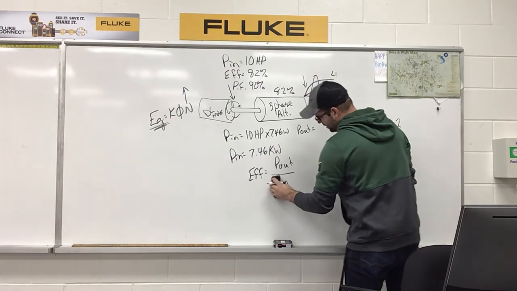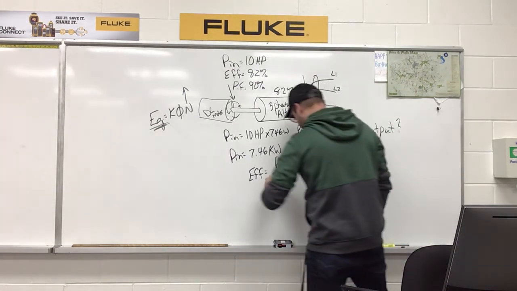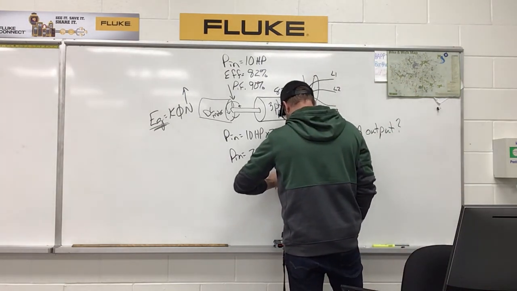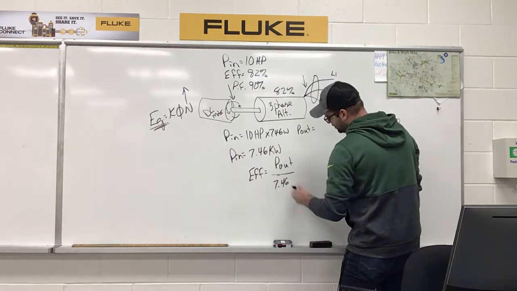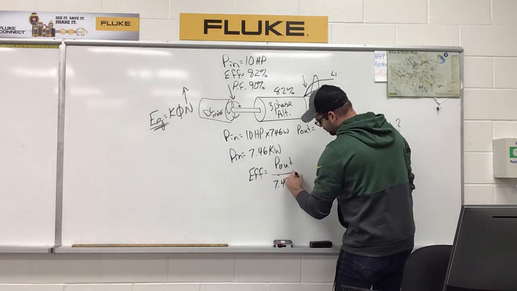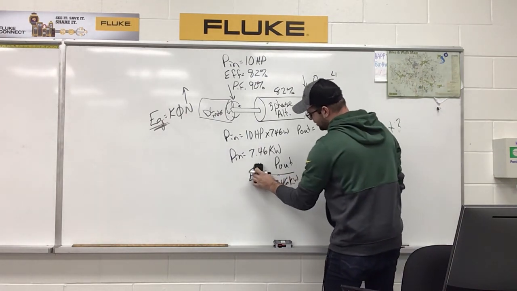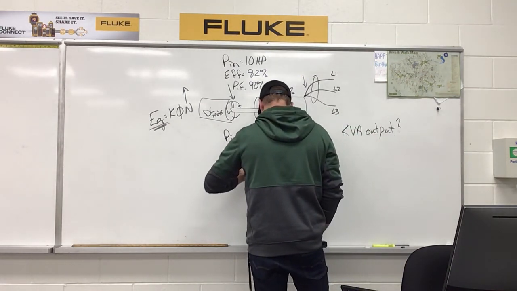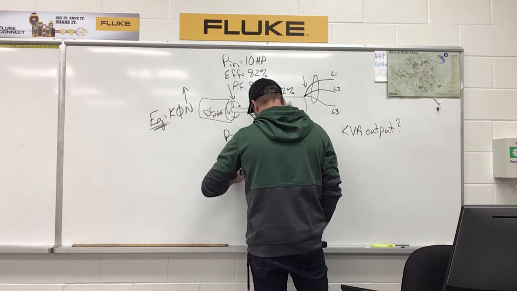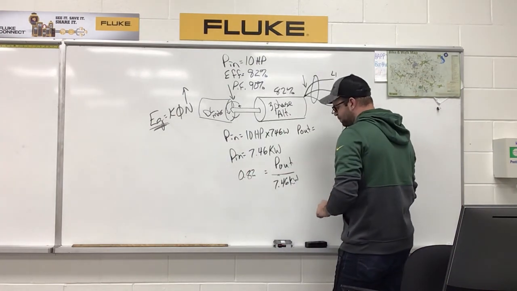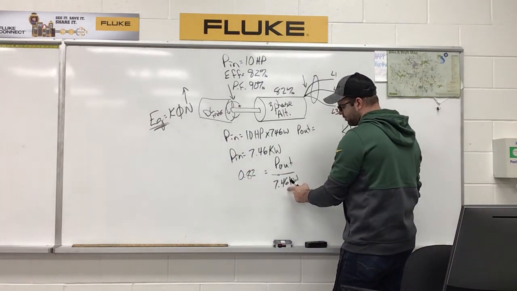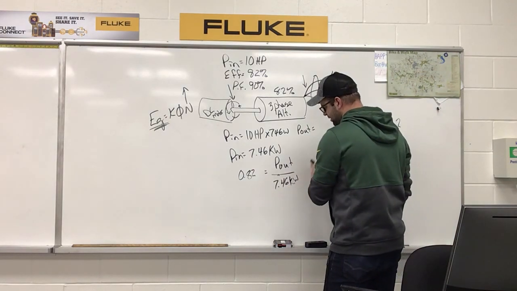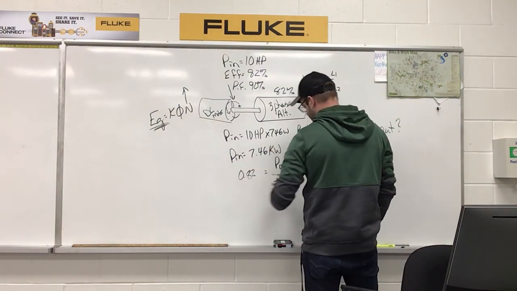We have a power in of 7.46 kilowatts. And we have an efficiency, as we said, of 82%, which is also 0.82. And I want to multiply 7.46 kilowatts on this side to get it over to there.